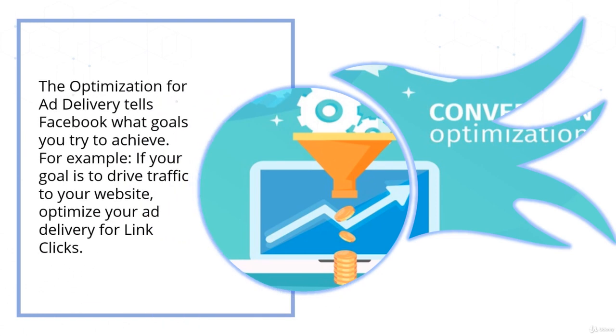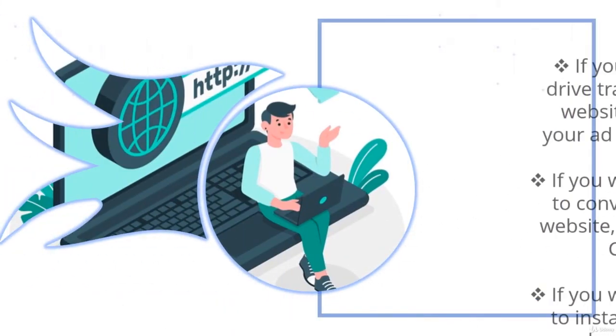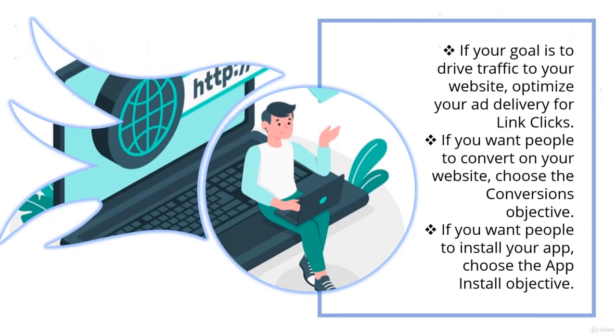For example, if your goal is to drive traffic to your website, optimize your ad delivery for link clicks. If you want people to convert on your website, choose the conversions objective. If you want people to install your app, choose the app install objective.